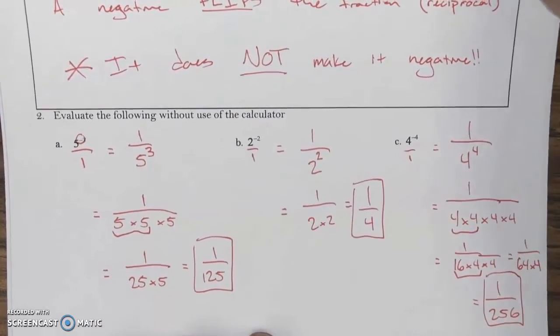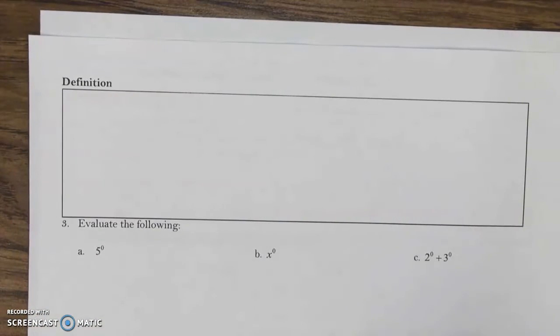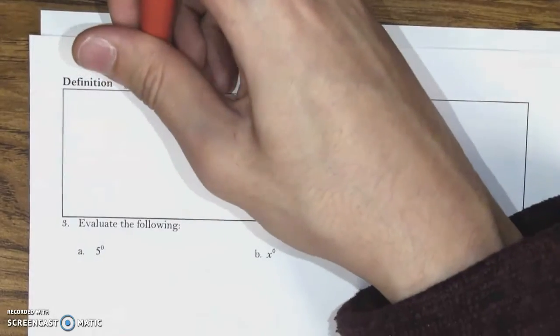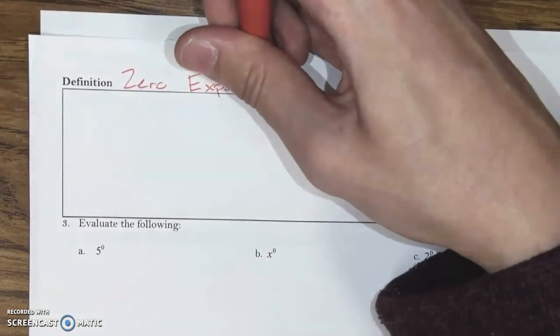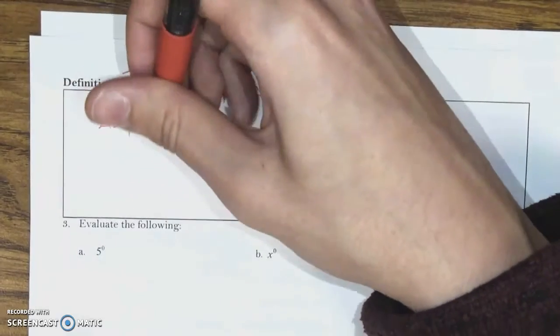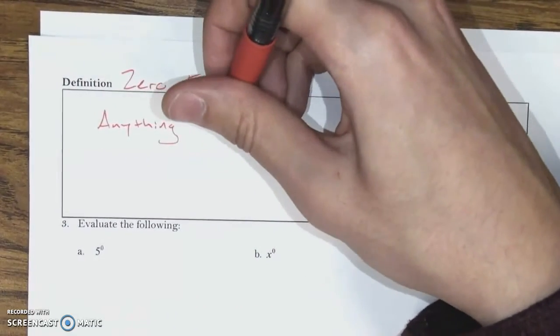All right. On the following page, we talk about the zero exponent. The zero exponent is quite simple. Anything raised to the 0 power is 1.